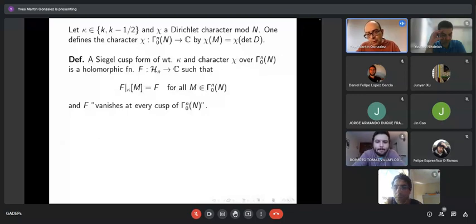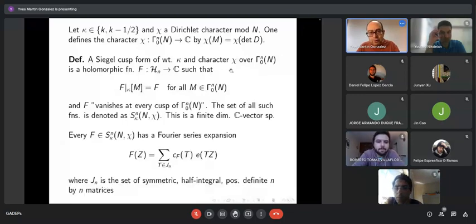So let me first say that the set of all functions which I just defined, Siegel cusp forms of weight kappa and character chi over gamma 0 N, they form a finite dimensional vector space, and such a vector space is denoted in the usual way S lower kappa, upper N, big N, character chi.